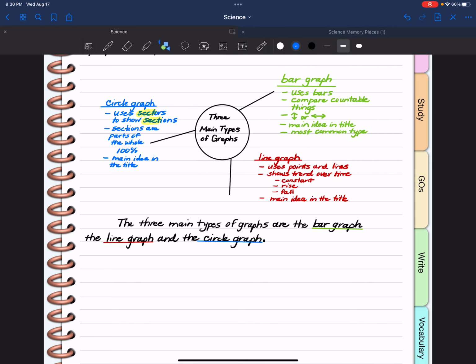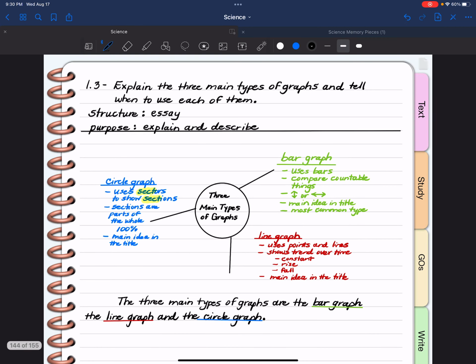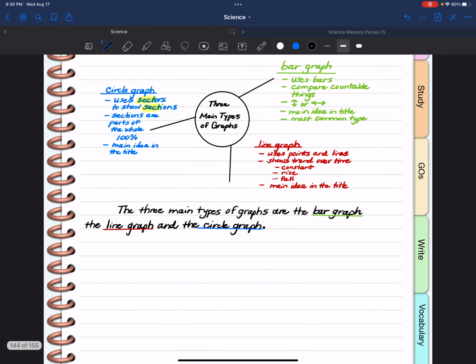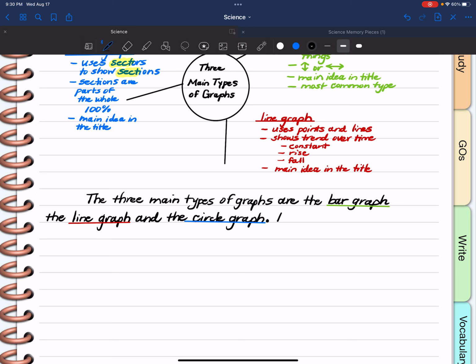So I've identified the 3 types. I have identified what the writing prompt is telling me to do, almost. I've named the 3 types of graphs. So then I need to explain that each type of graph has a different purpose.